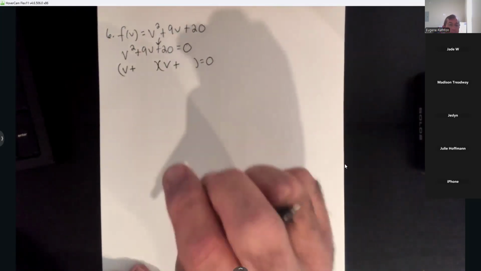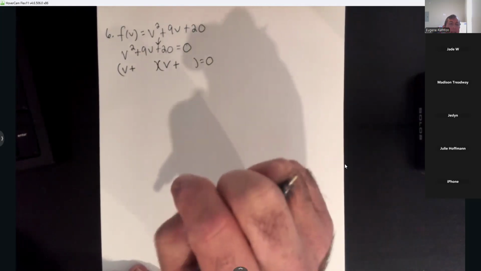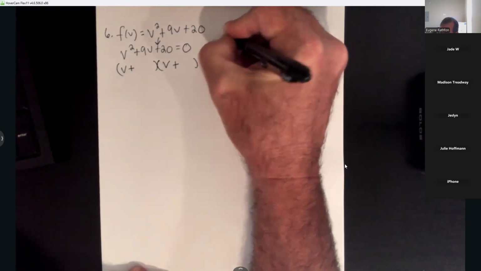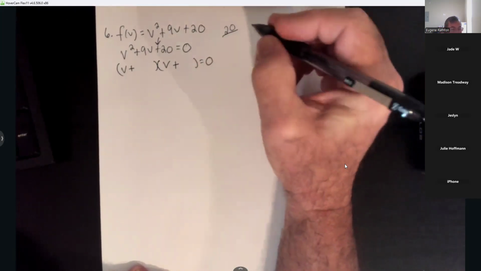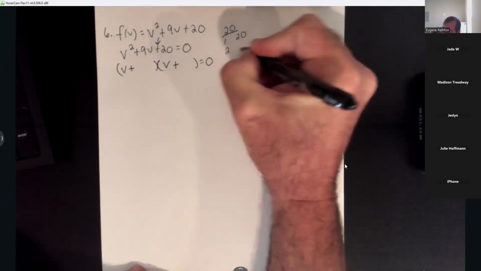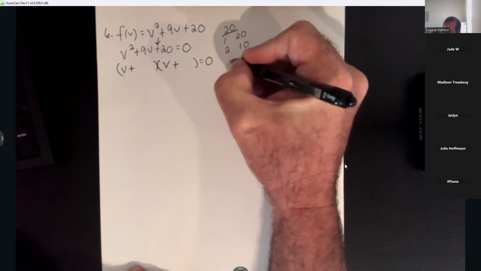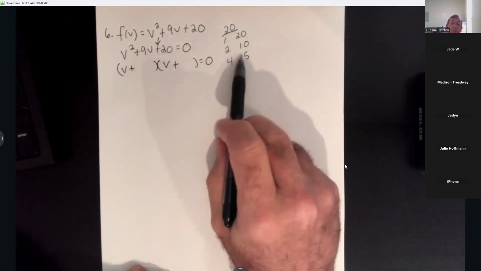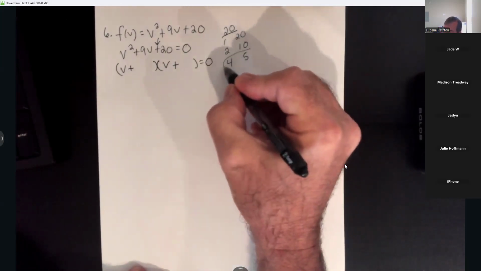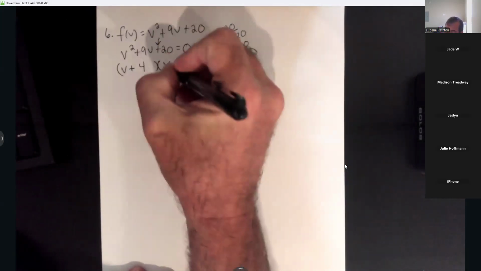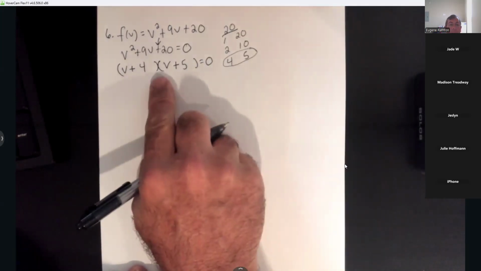So what factors of 20 will add and give me a 9? So y'all, 20 only has a few ways to get it. Justin, you're perfect. You got what, 4 and 5, which is perfect. And y'all, that was the only 3 ways to multiply to get a 20. But the ones that added to 9 are like Jesslyn said, 4 and 5. So since they're both positive, it don't matter who goes where.